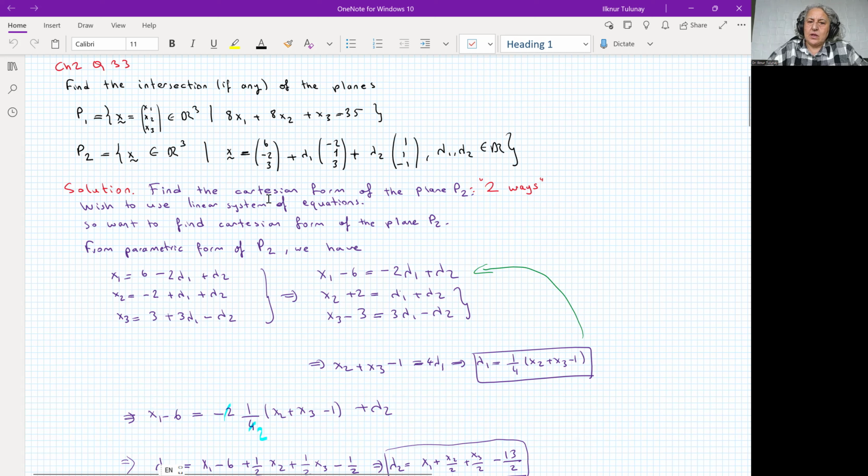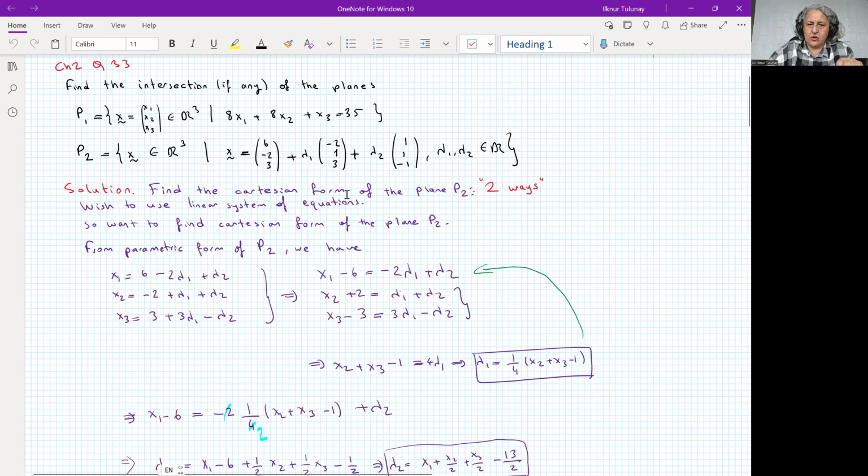Solution. There are two ways I'm going to do that. The first way is a long way, and this is not preferable. The second way is the preferable one. So let's do what you can do. This is the x vector, the position vector x1, x2, x3. So the first row reads x1 equals 6 minus 2 lambda 1 plus lambda 2.